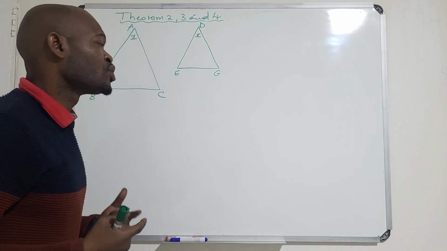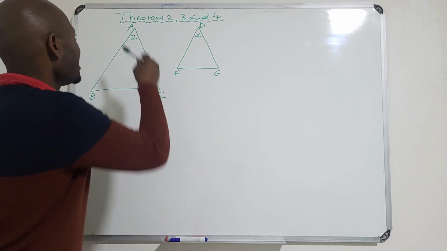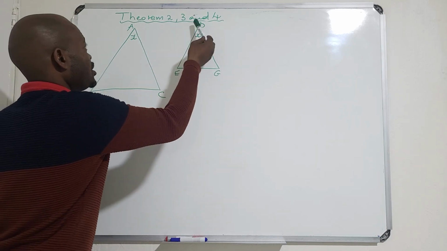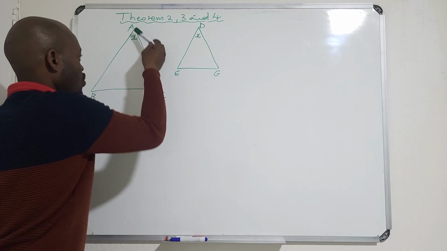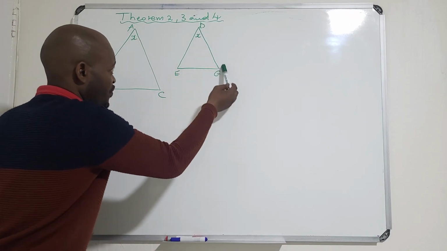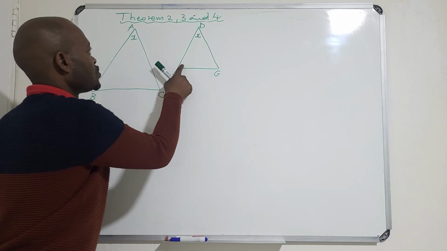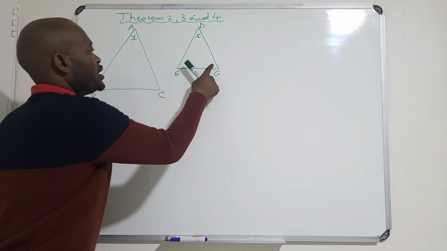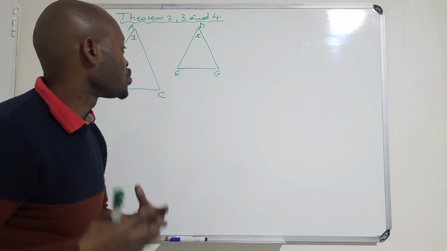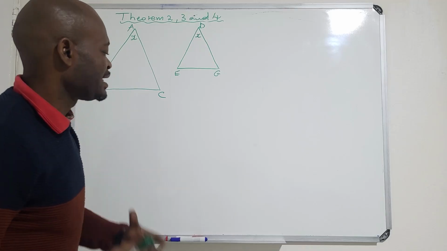By similar to this triangle, it means that since this side over this side is equal to this side over this side, it means that this angle is equal to that angle. This angle is equal to that angle. That's what we mean by similar.